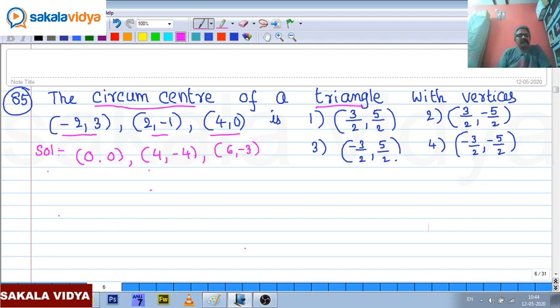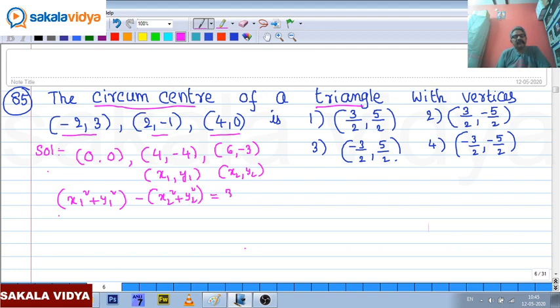Now say this is x1 comma y1. This is x2 comma y2. So find this value: x1 square plus y1 square minus of x2 square plus y2 square. 16 plus 16, 32. 36 plus 9, 45.